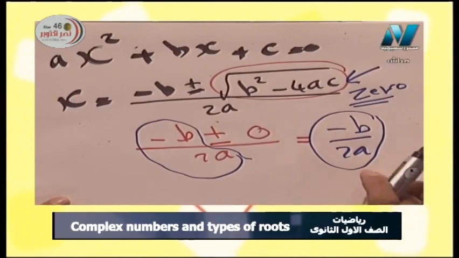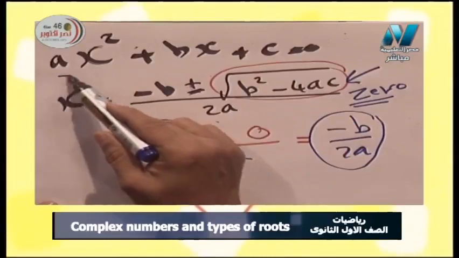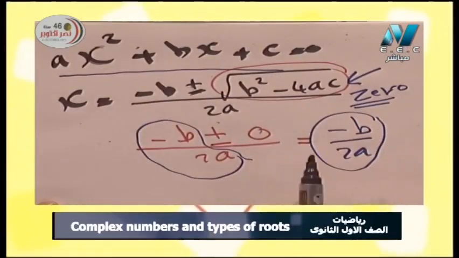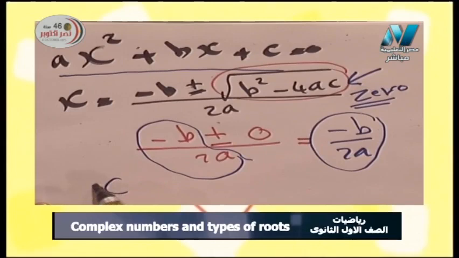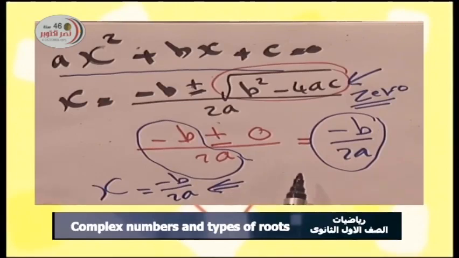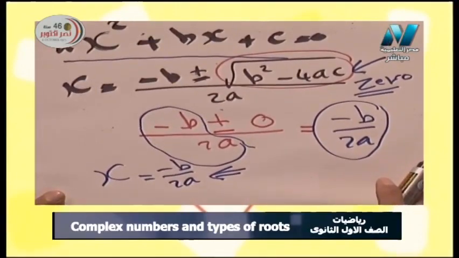This number will be the root of the quadratic equation ax power 2 plus bx plus c equals 0. And we know that x equals negative b over 2a is the equation of the axis of symmetry of the curve.